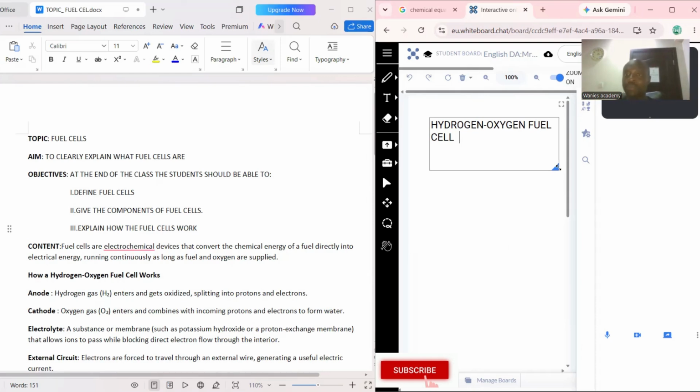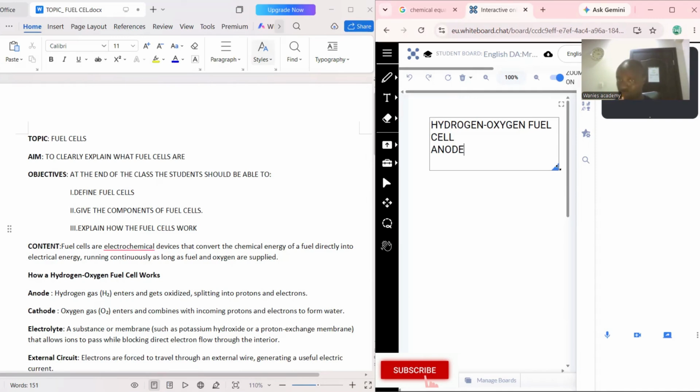Take for example this hydrogen fuel cell. We have an electrode called the anode, which is found in any given fuel cell. Let's use the hydrogen oxygen fuel cell to explain what happens at the anode.